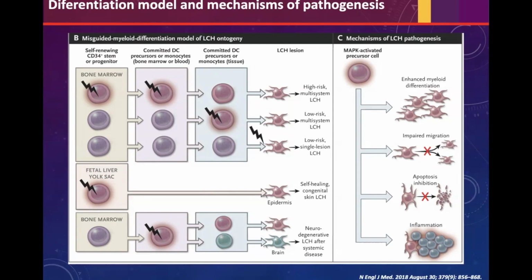And low-risk single lesion arises from a regional dendritic cell. And finally, the MAPK-activated precursor cells, as we can see here, contribute to the formation of Langerhans cell histiocytosis lesions through the following mechanisms: enhanced myeloid differentiation, impaired migration, apoptosis inhibition, and inflammation.